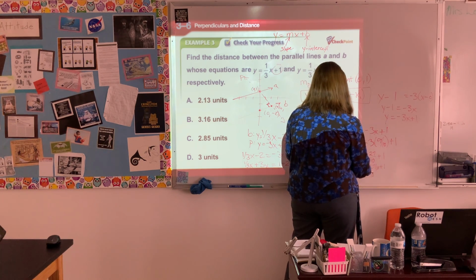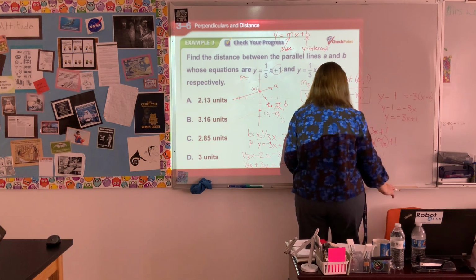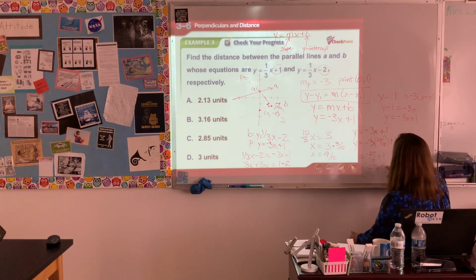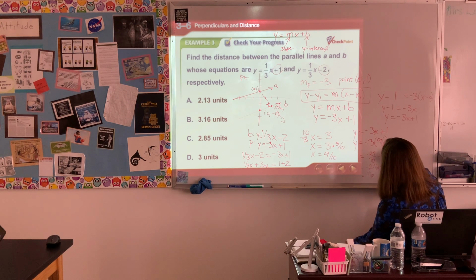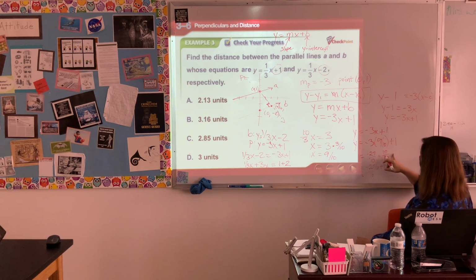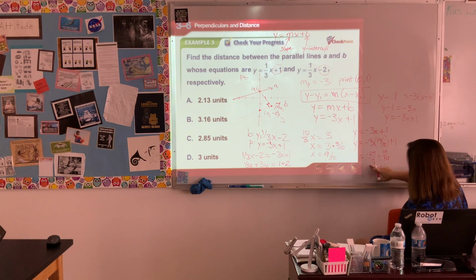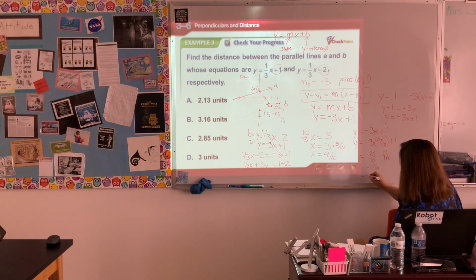So I tried to simplify that out. This is also the same thing as saying 10 over 10. So negative 27 plus 10 is negative 17. There's where my mistake is, I think. Negative 17/10, which is negative 1 7/10.